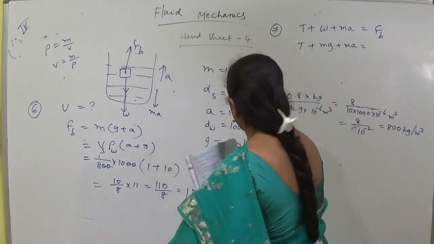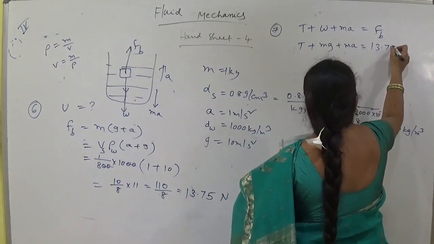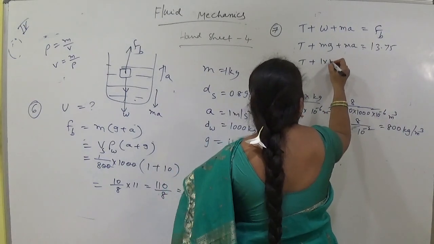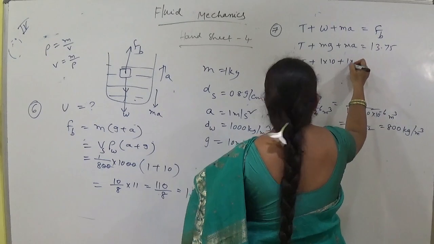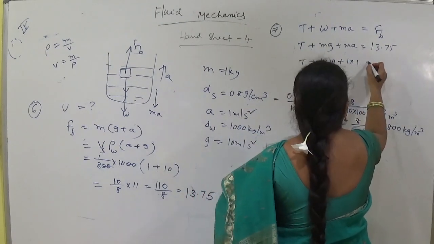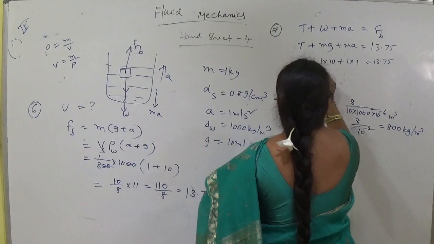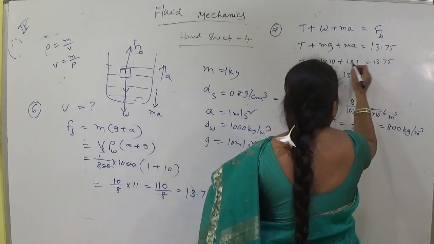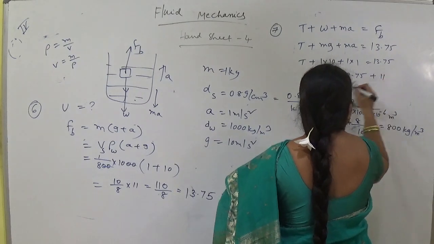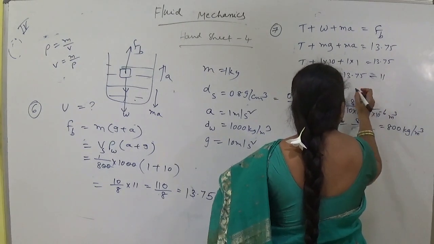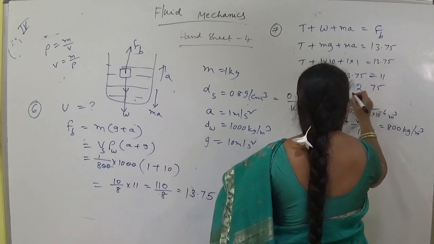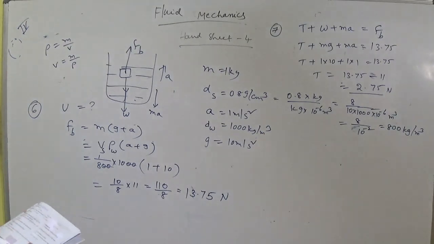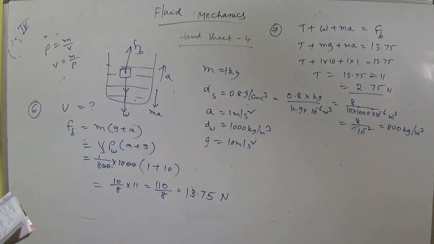What is the value of FB? 13.75. T plus m value 1 into 10 plus 1 into 1 is equal to 13.75. T is equal to 13.75 minus 10 plus 1, 11. So 2.75 Newton is the tensional force.